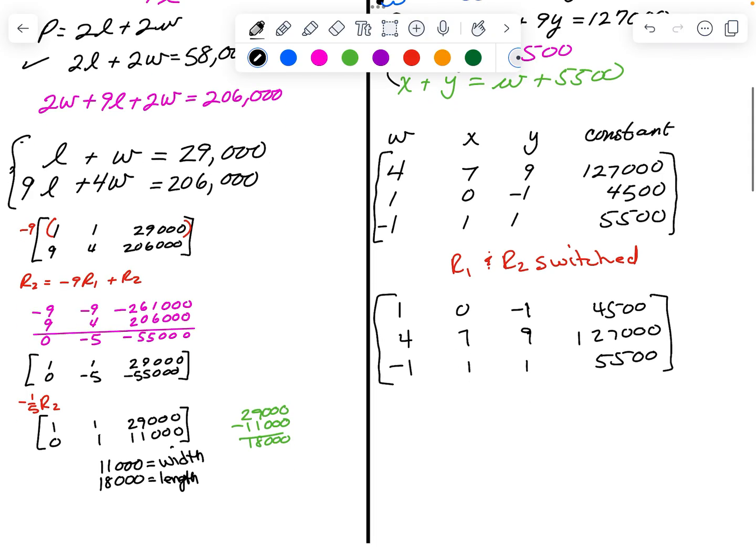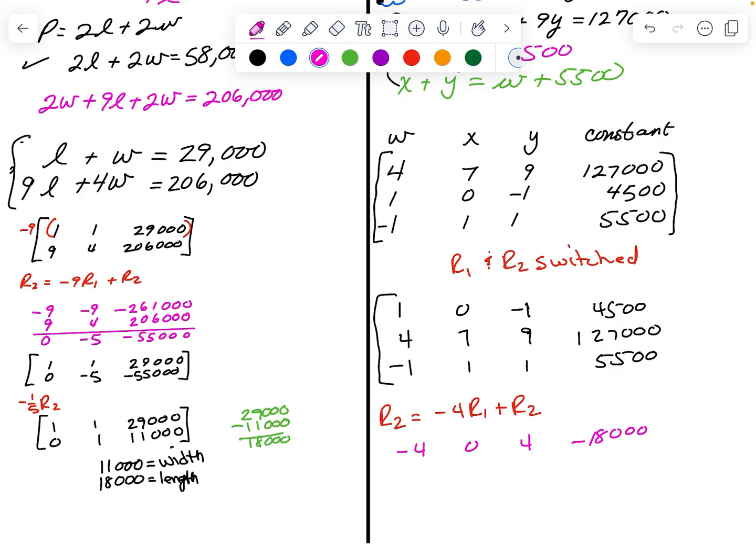Okay, then I think my new row 2 is going to be -4 times row 1 plus row 2. So if I do that, I would have -4, 0, 4, and 4,500 times -4 is -18,000, sorry.